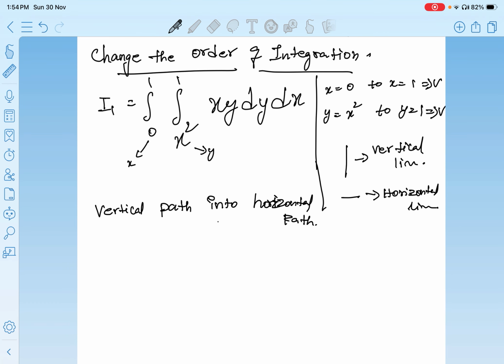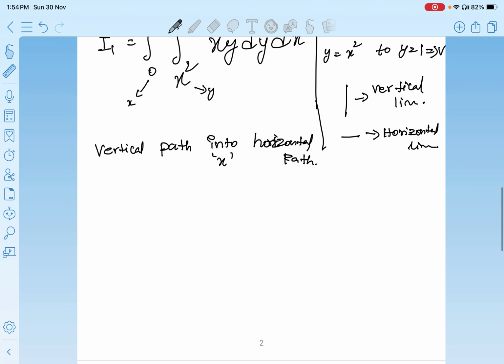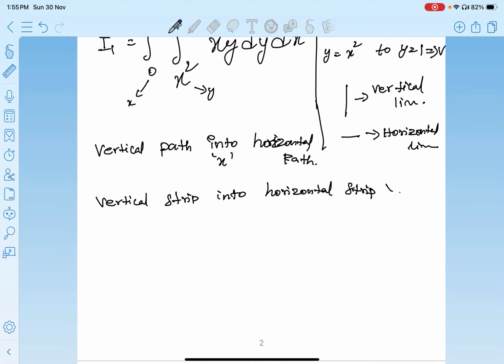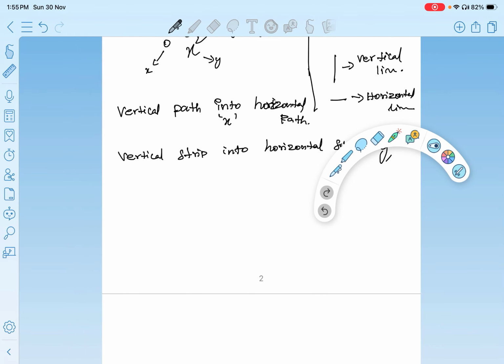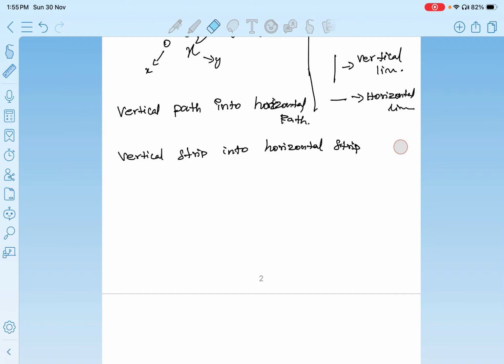Your x is your vertical path, the vertical strip, into the horizontal strip. So which is your y? How will it happen after the changes? What will happen?